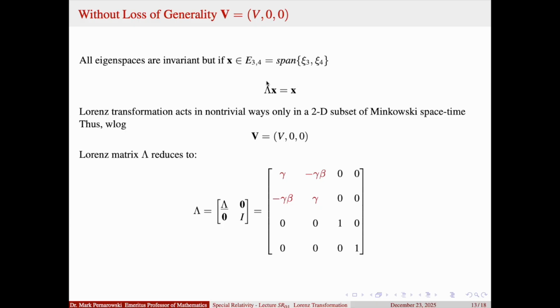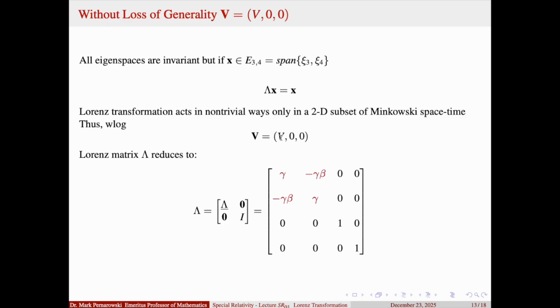Because of this special type of invariance, the Lorentz transformation acts in non-trivial ways only on a 2D subset of the Minkowski spacetime. So without loss of generality, we may as well have just a velocity in the direction of x1.